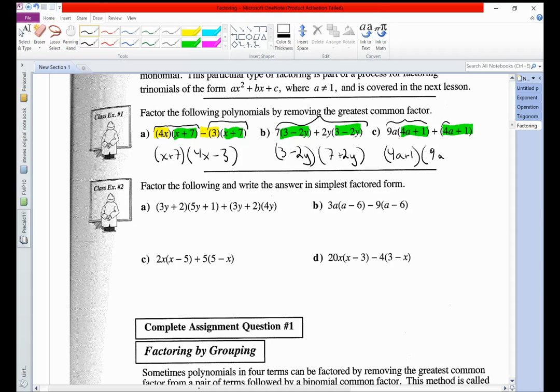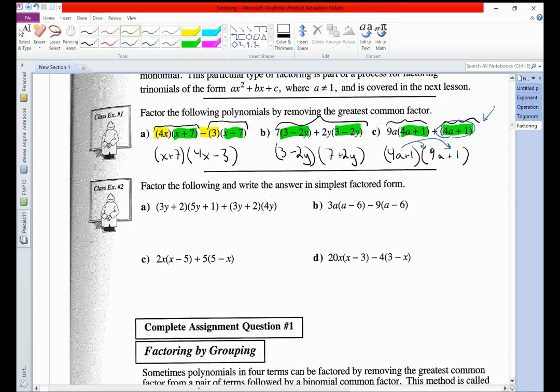In the second term, I factored out 4a plus 1 completely, but it can't just disappear, right? We need to have a 1 there, because we have to be able to get back to this expression by multiplying that back through. So if there's a 1 there, then 4a plus 1 multiplied by 1 just gets us 4a plus 1.